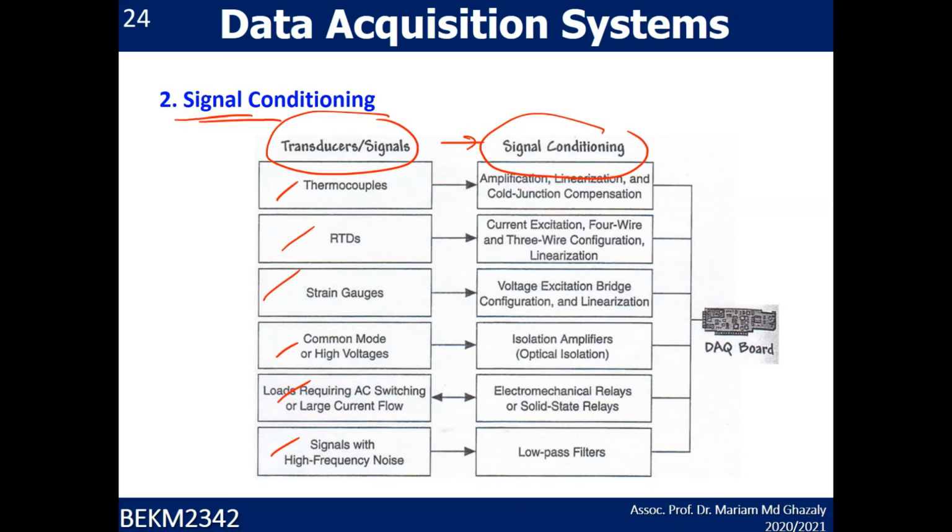You may want to add an amplifier, isolation or protection, or filtering. After adding this signal conditioning, the last step is the DAQ board. Even though the DAQ board is a part of signal conditioning, we declare it as additional to the signal conditioning.